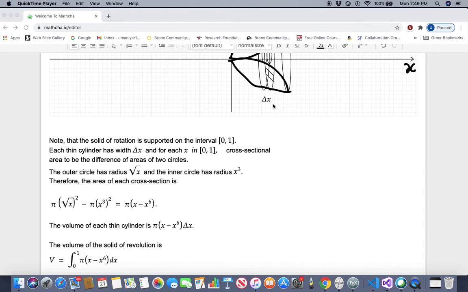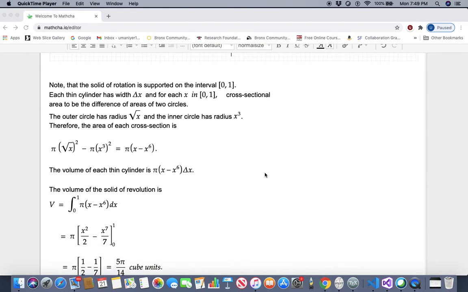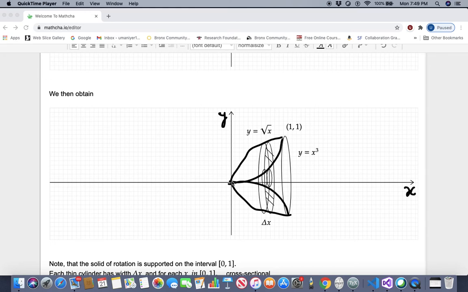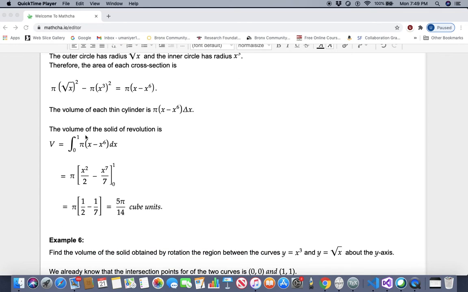The volume of each thin cylinder is my area times its width. In other words, the volume of the entire solid is the integral from 0 to 1. I hope you remember why the limits are 0 to 1. It's because the x coordinate goes from 0 until 1. Total cross-sectional area dx.